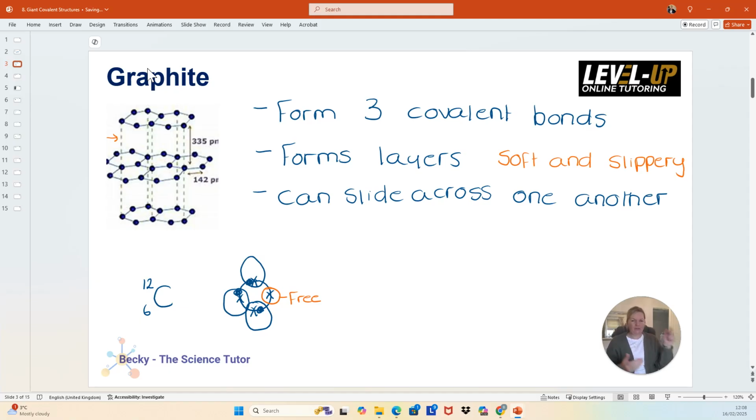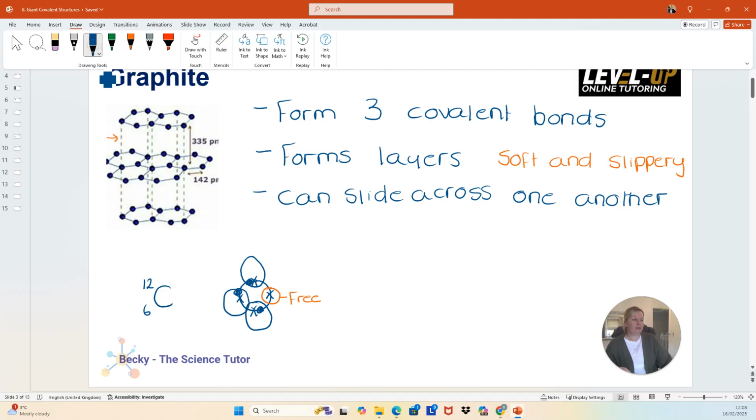So each of those carbon atoms basically has 1 spare electron, and those electrons become delocalized, and just as we've talked about again in metallic bonding, delocalized electrons can move through the structure, carry the charge, and therefore can conduct.